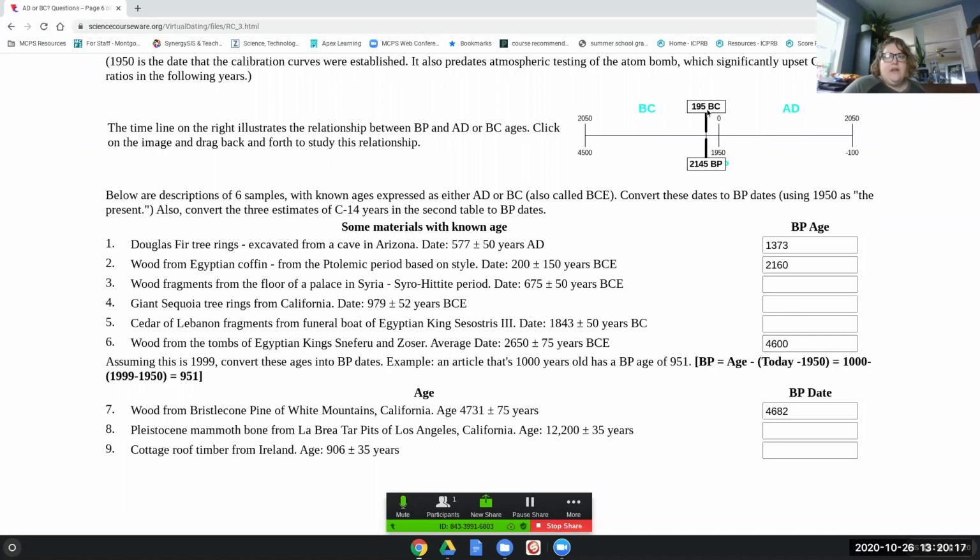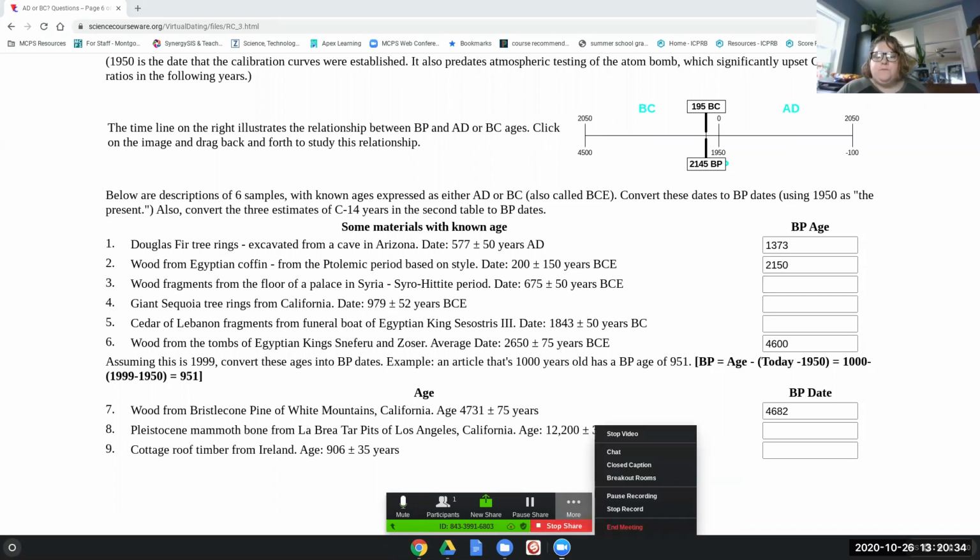So if I go to 195, the number is getting lower. So I'm going to subtract 10 from this. So this is really 2150. Okay. I'm going to pause the recording so you can practice some of these.